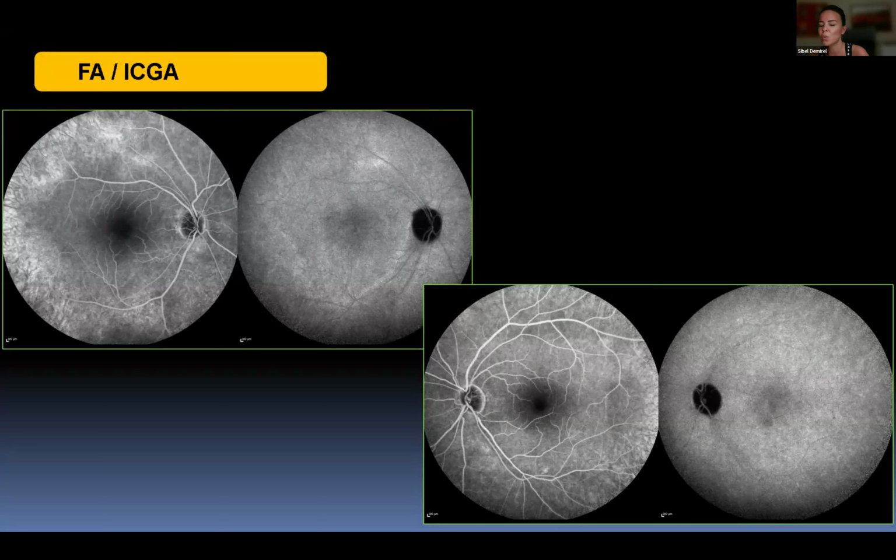What we saw in the early phase of indocyanine green angiography, which is a hypofluorescent patchy lesion, totally disappeared in the late phase, which means there is no total blockage, no full-thickness choroidal mass in the choroid.